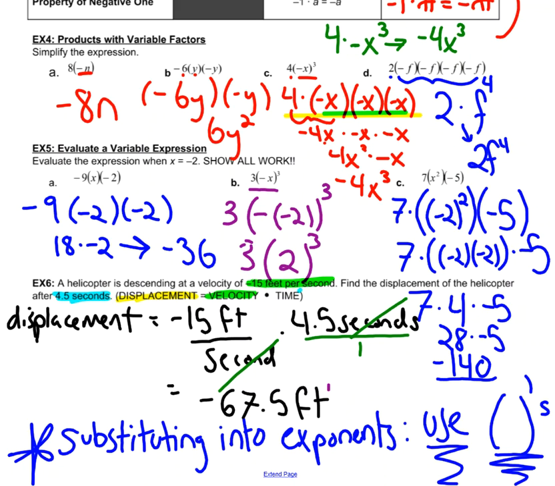Same signs, you'll get a positive product. And last but not least, this final note, substituting numbers into an exponential expression, use your parentheses. Put parentheses around the number you are substituting in, and you will be correct.